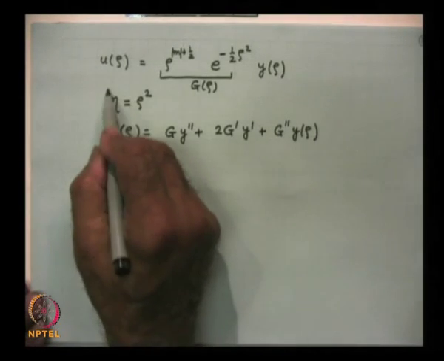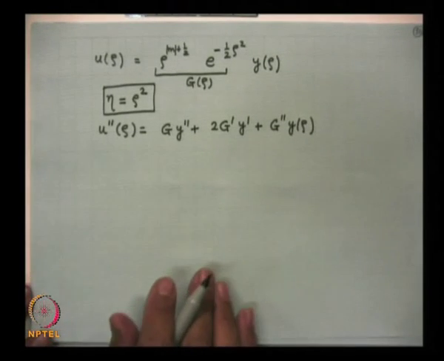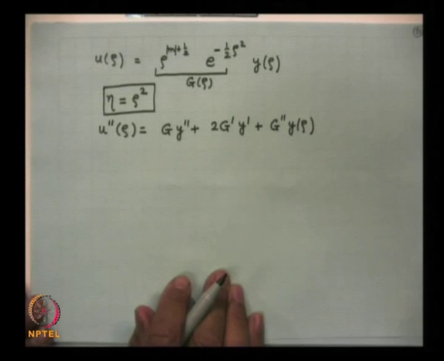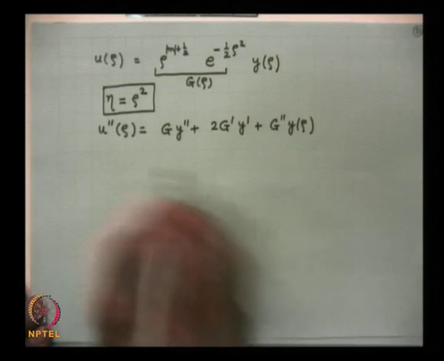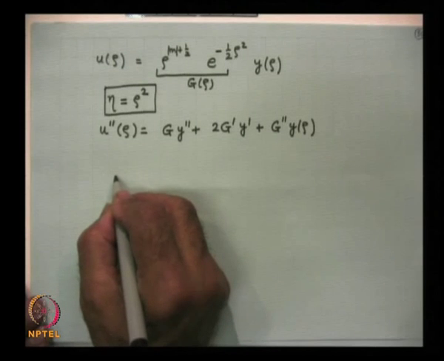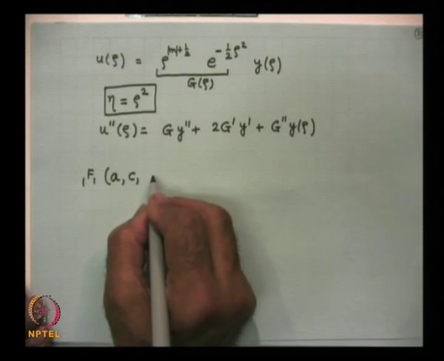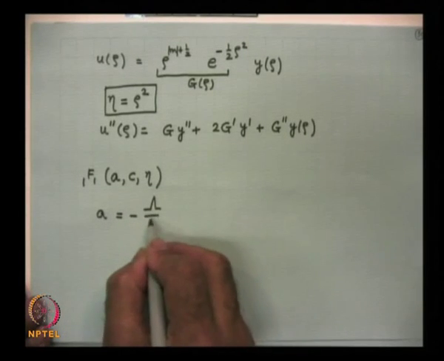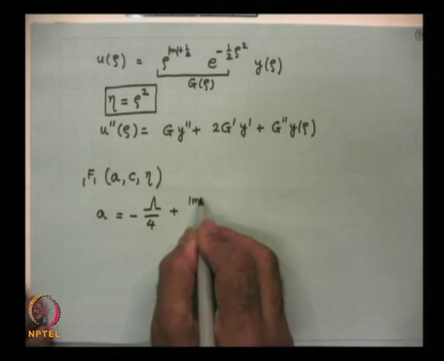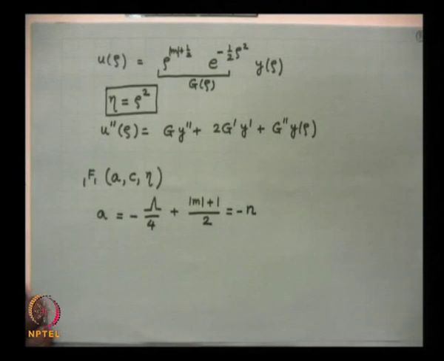And if you use this transformation, that eta is equal to rho square, then you will find that the solution can again be written down in terms of the confluent hypergeometric equation, and for the confluent hypergeometric equation to get terminated, the solution will be 1F1 of a, c, eta, and a will be equal to minus lambda by 4 plus (m plus 1) by 2 is equal to minus n. For this to terminate, a must be equal to a negative integer.